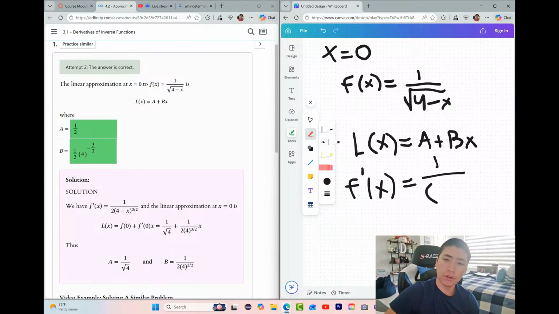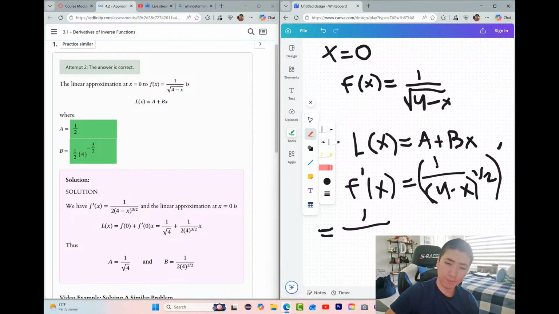So if we express this as 4 minus x to the 1/2, and then we take the derivative, we get 1 over 1/2 times 4 minus x to the power of negative 1/2, right?